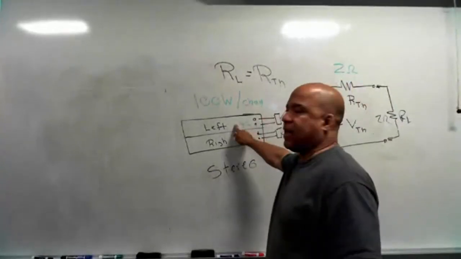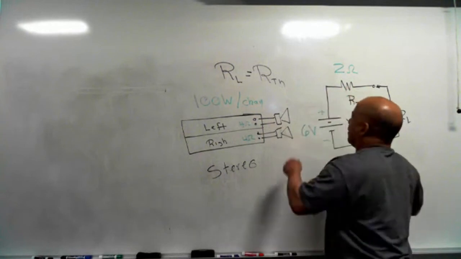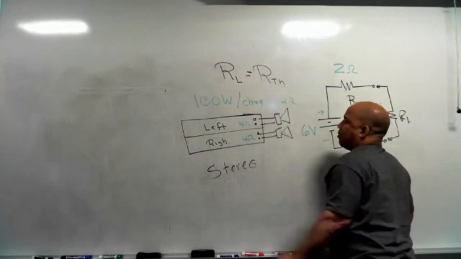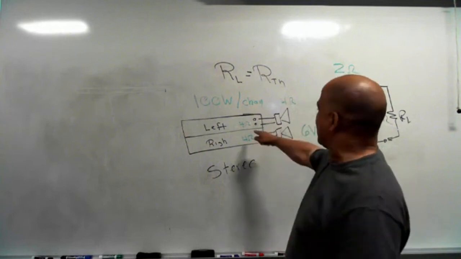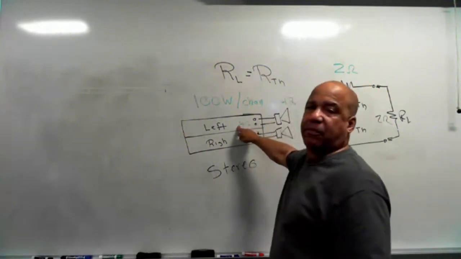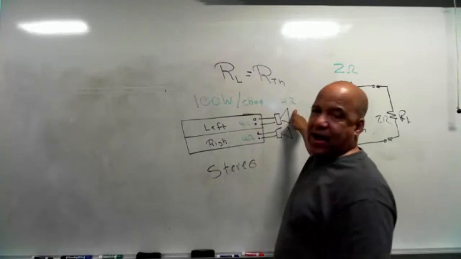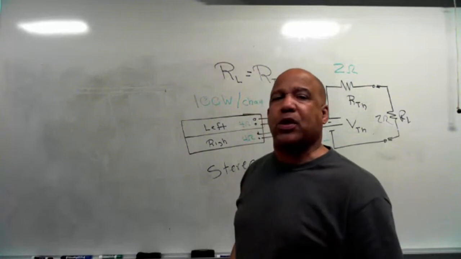And I knew what that meant. It meant that I got to go get a speaker, and the speaker needs to be 4 ohms. If they had a 2 ohm there, I need a 2 ohm speaker there. And I always thought, well, they were telling me with this number stamped on the amplifier, they were telling me what ohmic value speaker I needed. And that's kind of right, but it wasn't really right.